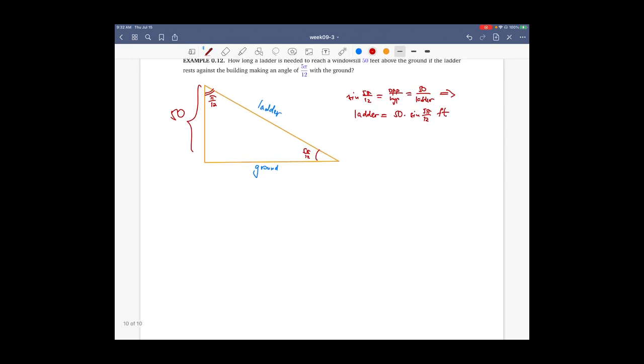Later on, when we get to double angle identities, we will explain how to compute, say, sine of pi over 12 and cosine of pi over 12 from sine and cosine of pi over 6.